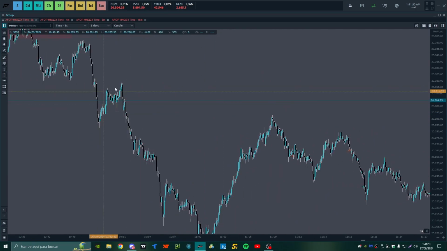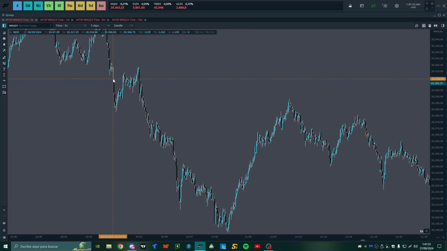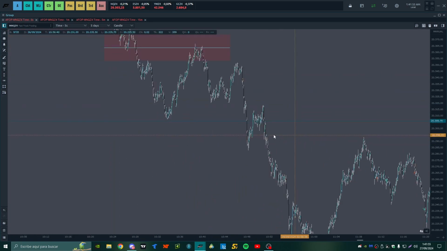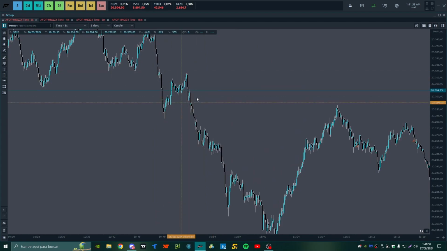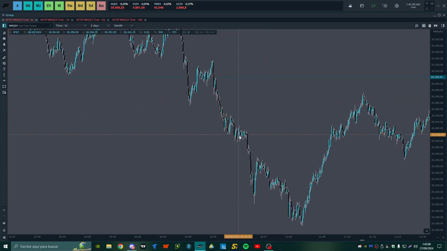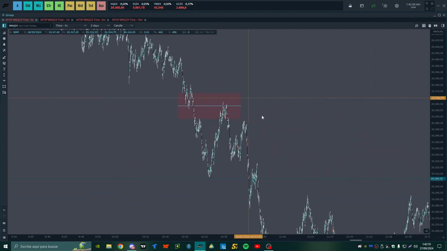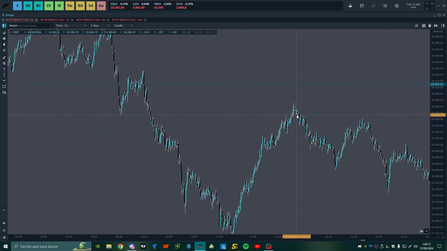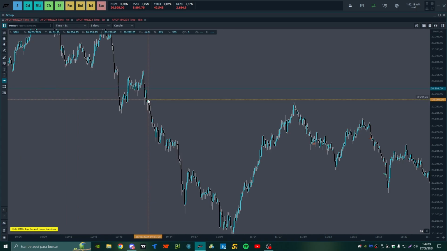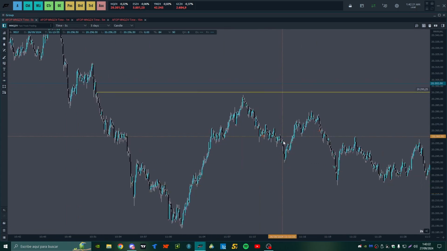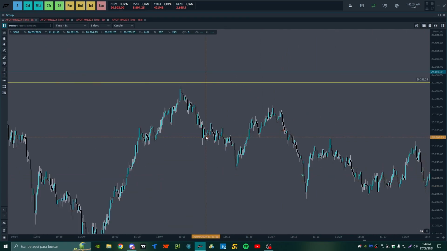It tested this area, which is like the only area I would consider from this whole movement that I usually don't consider when the price goes up like this. It's the same as when it goes down like this. I usually don't consider it. So I saw that it reached that more potential area, failed to break the responsible, and we didn't close the imbalance. So over here, I wanted to enter a short.